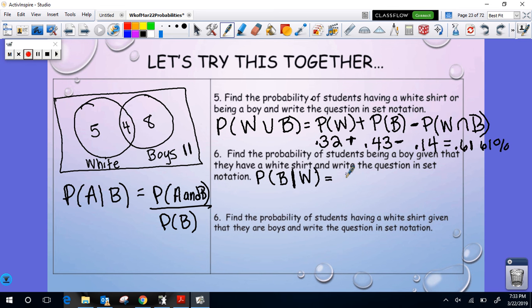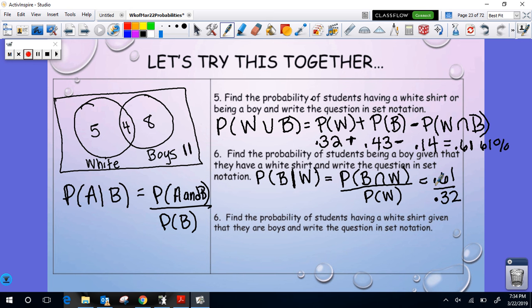So here I have the probability of boy and white shirt over the probability of a white shirt. So we already know the probability of boy and white shirt to be 0.61, and the probability of white we already calculated is 0.32.